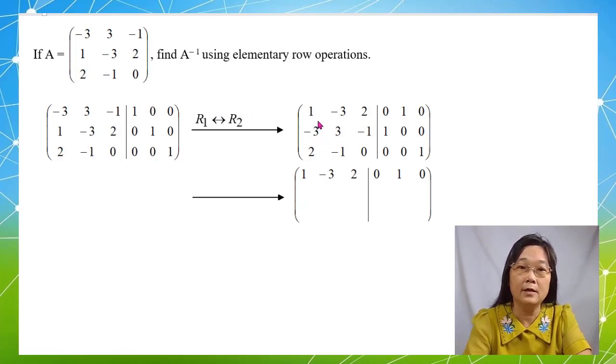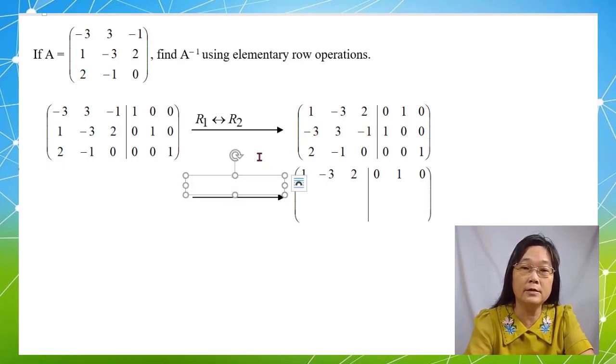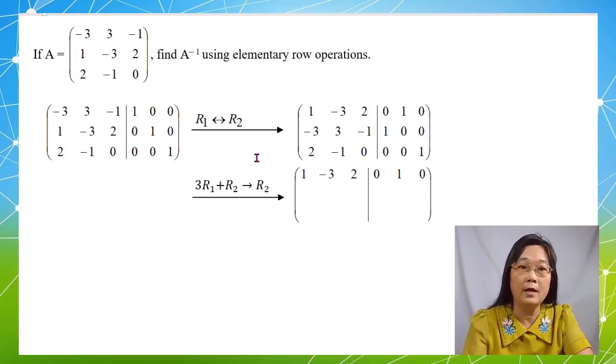In order to change negative 3 to 0, I need a positive 3. I can get the positive 3 from row 1, where I'm going to multiply row 1 with positive 3, then add into row 2.